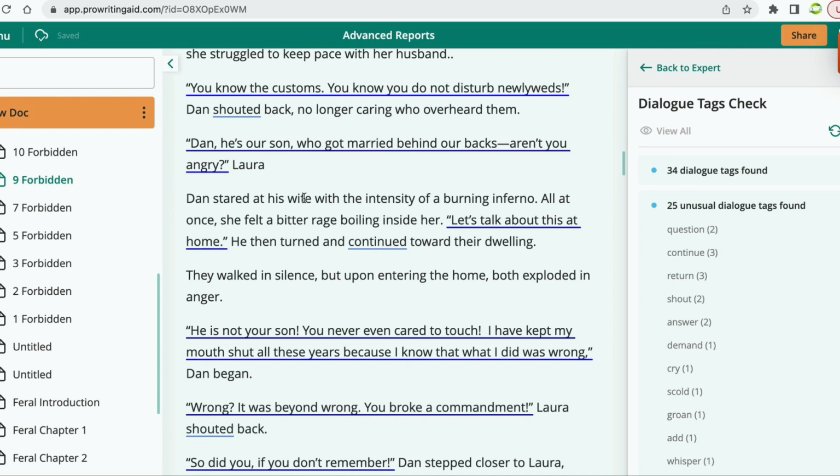I use the word glared a lot. I'm trying to hold back, but it's hard. I'm addicted to the word glare. Okay, let's try this.